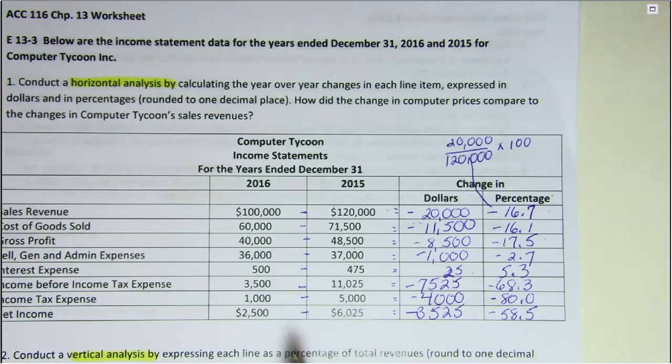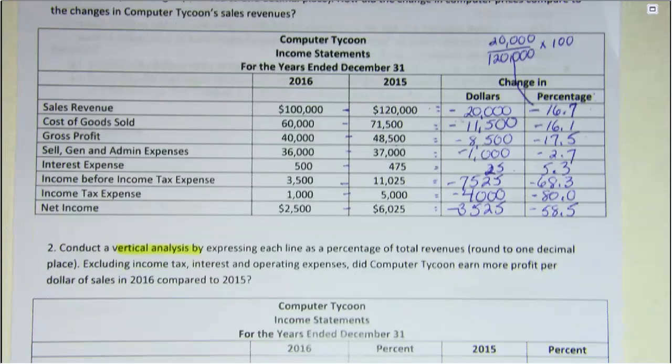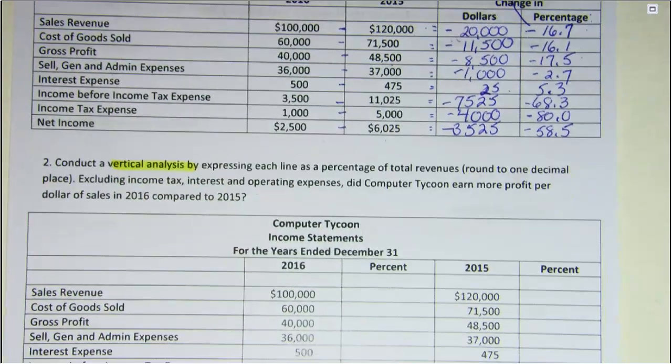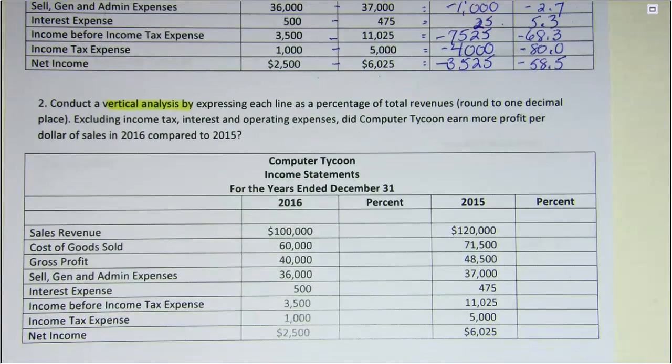Now let's take a look at vertical analysis. Now what we do is we stay within each year's income statement as we use vertical analysis. With vertical analysis, we're looking at important relationships between items on the same financial statement. On the balance sheet, we would be dividing everything on the balance sheet by total assets.